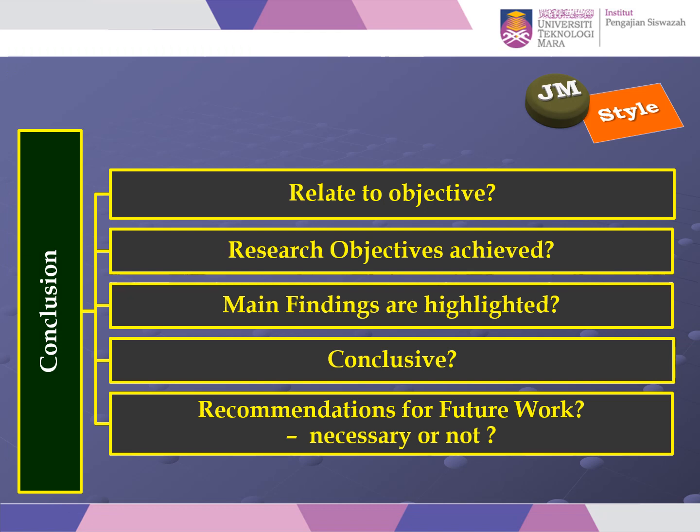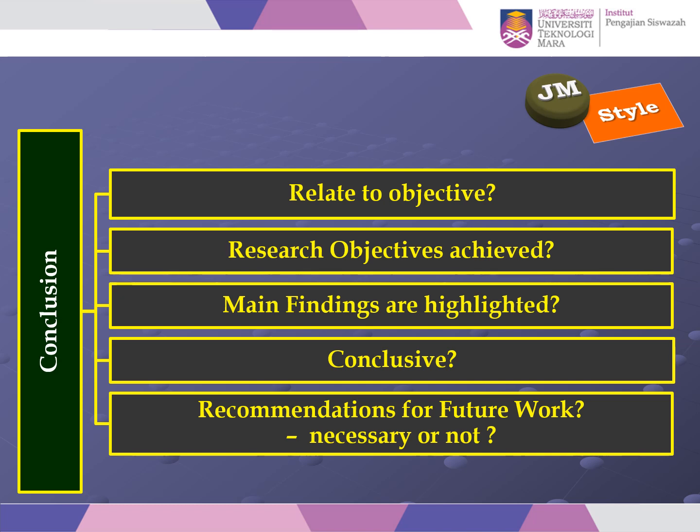For the conclusion part, you may ask yourself whether the conclusion relates to the objective, and whether the research objective was achieved. Are the main findings highlighted in the conclusion? Is your conclusion conclusive? Sometimes, if you don't put it nicely, it is not conclusive.